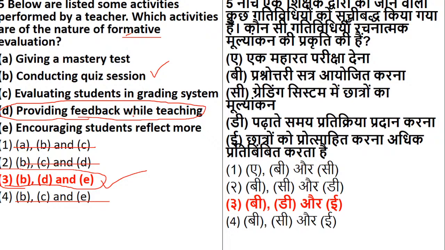Grading is there in continuous and comprehensive evaluation. Even evaluating students in the grading system with the final end of the course is also a part of summative evaluation. Now if the sentence changes, then you have to pick between summative and continuous and comprehensive evaluation. Is it clear, Shakti?